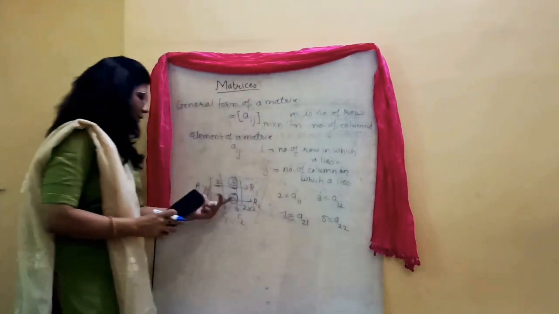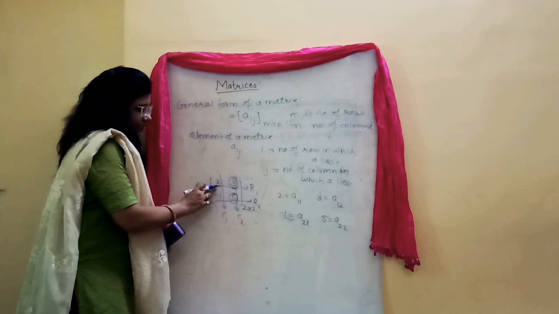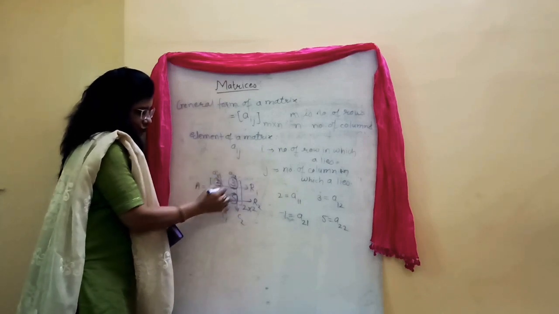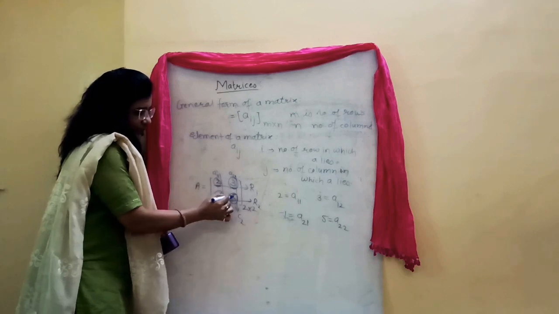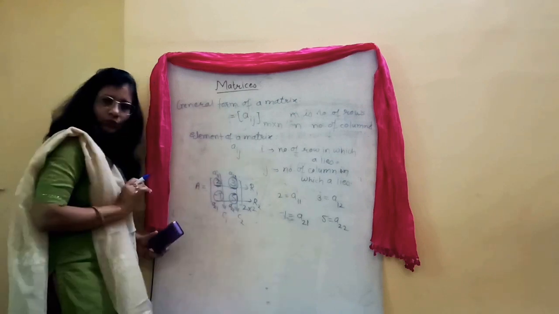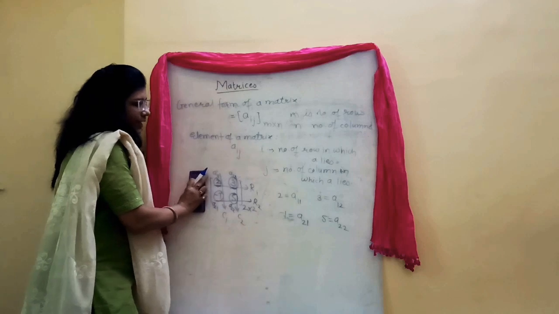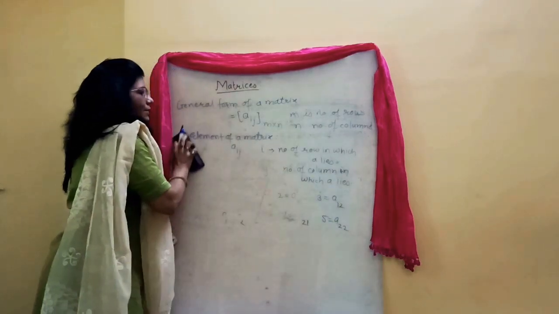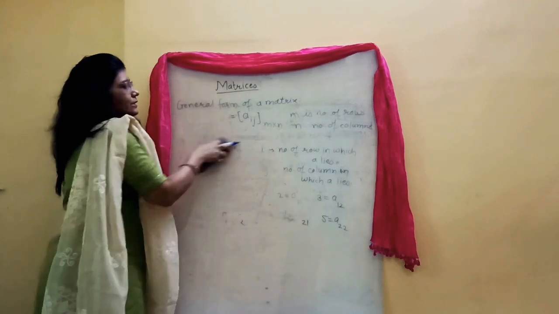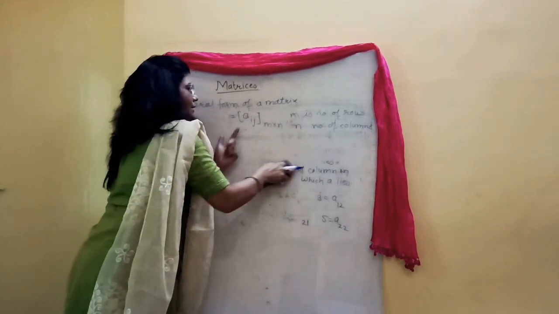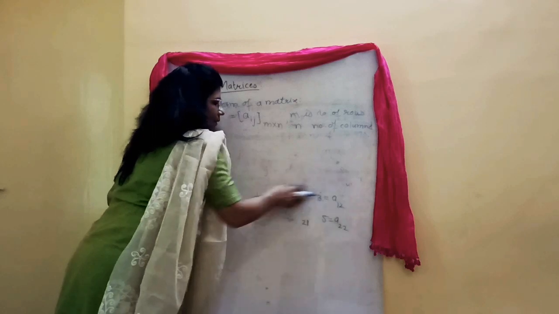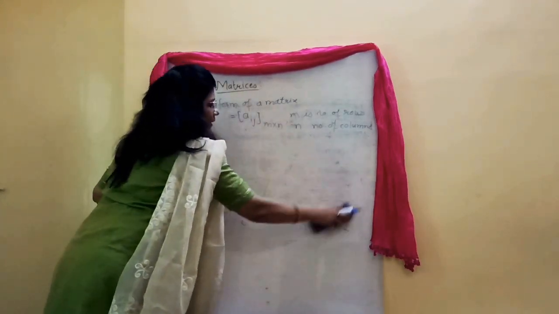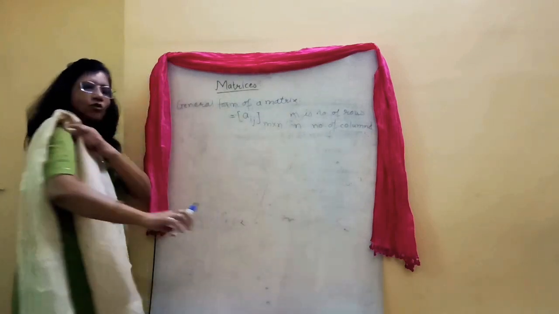So if you observe this, this is A11. This is A12. This is A21. This is A22. So in the general form, we are using the same concept. In general, the matrix is denoted like this, Aij, of order m by n, where m is the number of rows and n represents the number of columns.